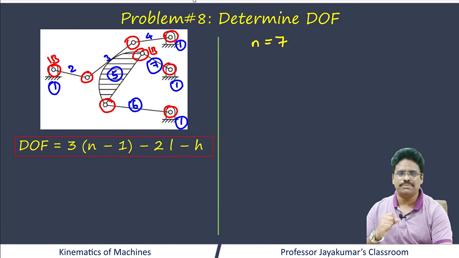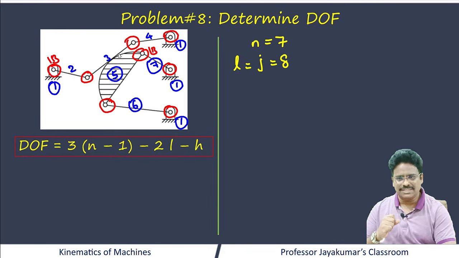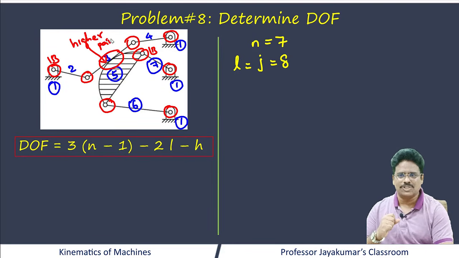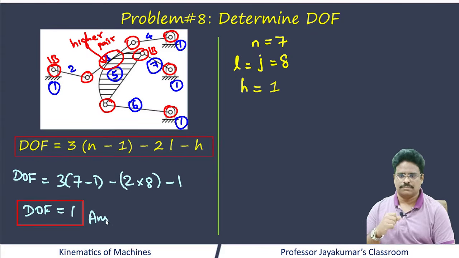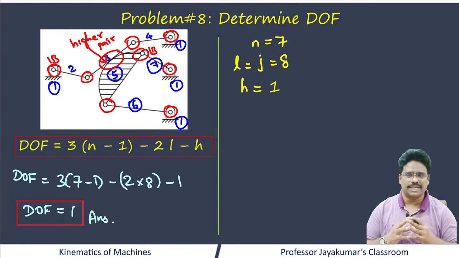So we have 8 binary joints. Here we have a higher pair joint because it forms a point contact. Therefore, substituting them, we will be getting the answer. So we are obtaining the answer as 1.